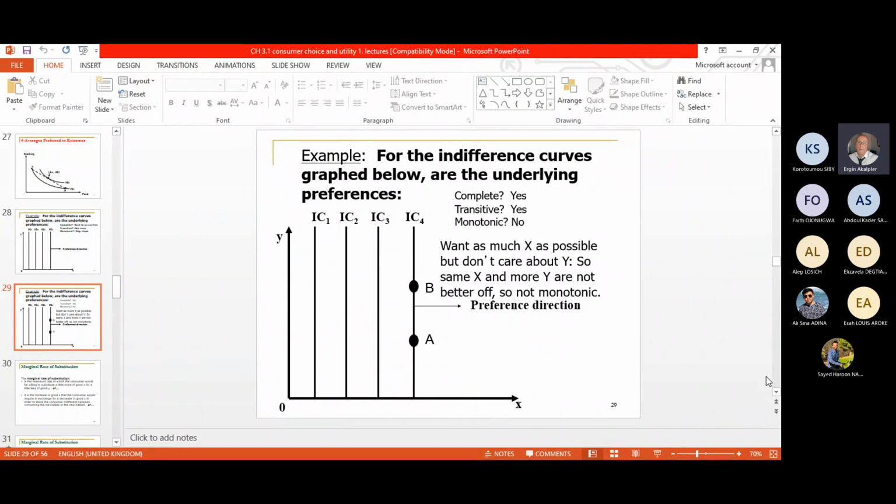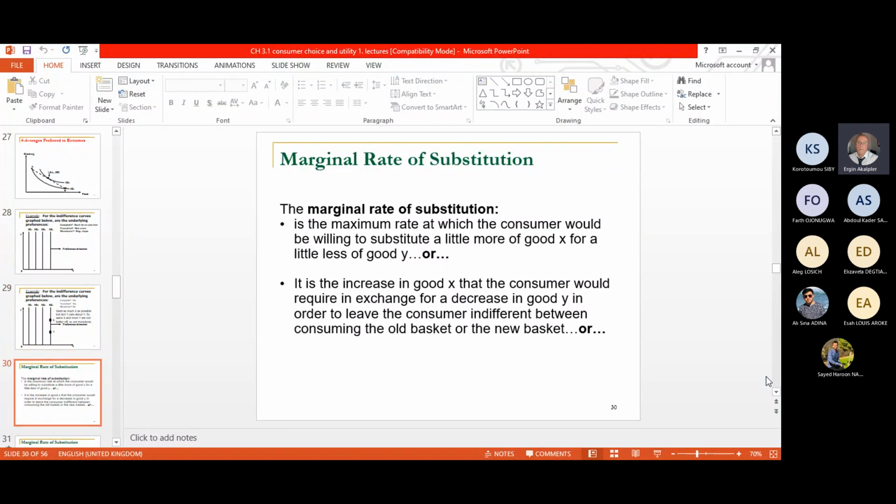So same x and more y are not better off. So no, not monotonic. Therefore, this is problematic here because, as you see, it is on the same direction and same line.